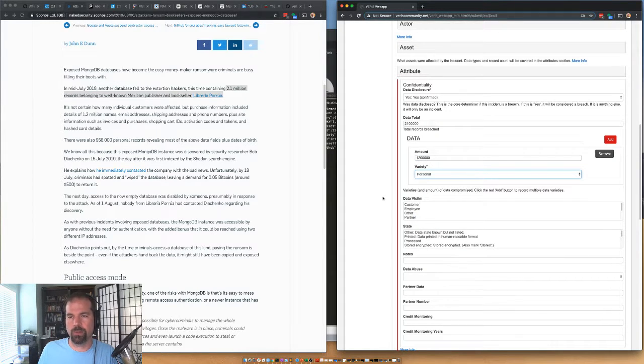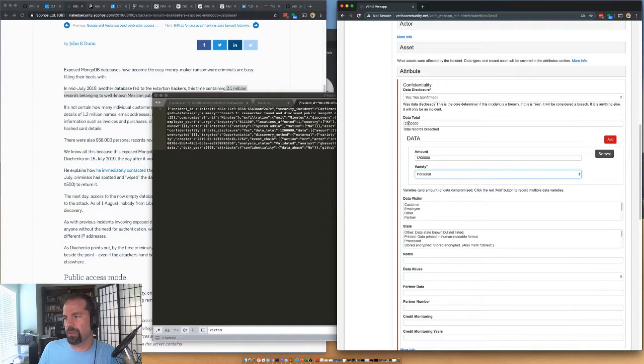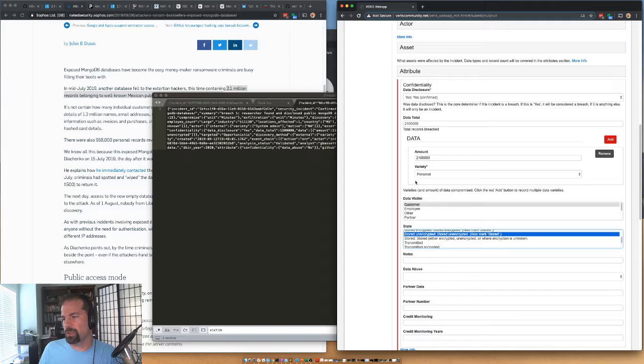We really don't know what the rest of it is. There are also records revealing most above data fields plus... Oh, okay. Well, then I should change this one to 2.1 million instead, because it's the same thing plus date of birth records. Customer data stored unencrypted. Data abuse, yes.